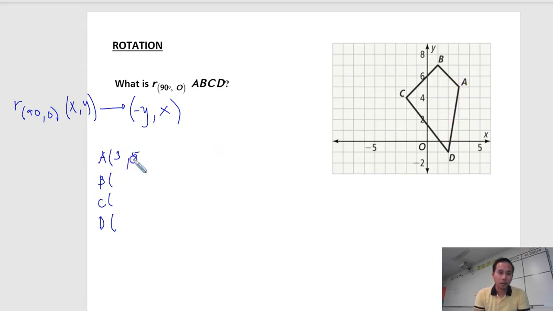So that's at (3, 5). Our B is located at (1, 7). Our C is located at (−2, 4). And then your D is located at (2, −1).